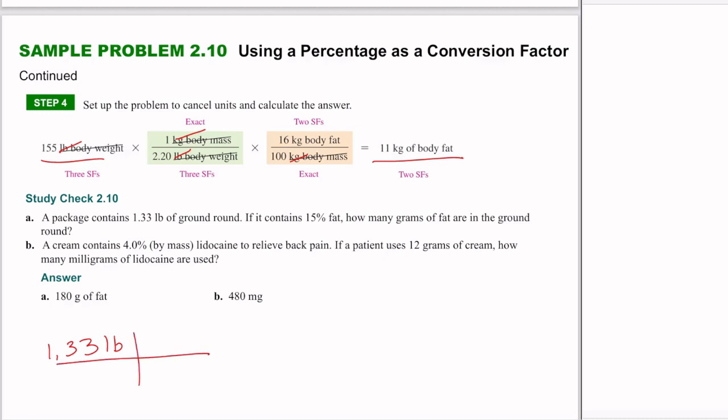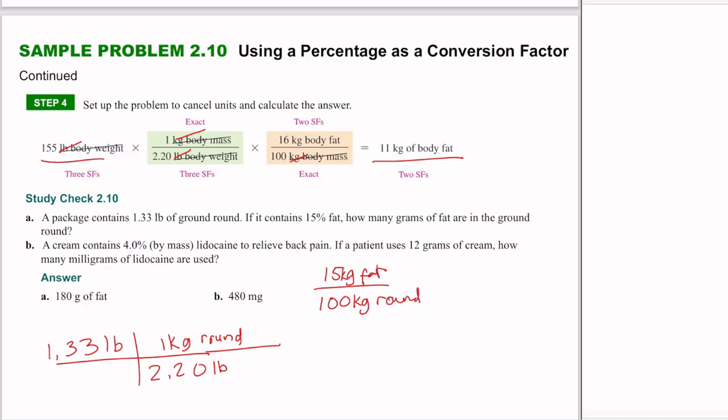And we saw in a previous example that 2.20 pounds of ground round is 1 kilogram of ground round. And it's 15% fat. So that means there's 15 kilograms of fat per 100 kilograms of ground round.